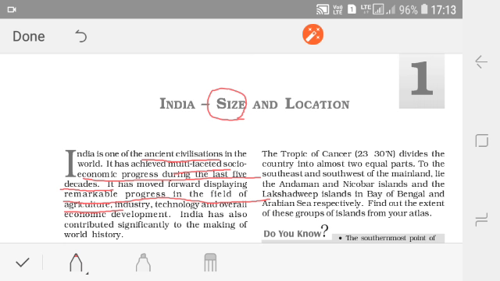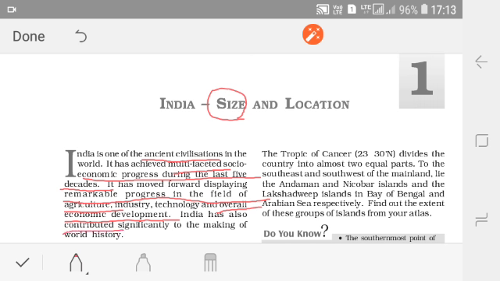So all these progress when added up led to overall economic development. And India has contributed to the world history.